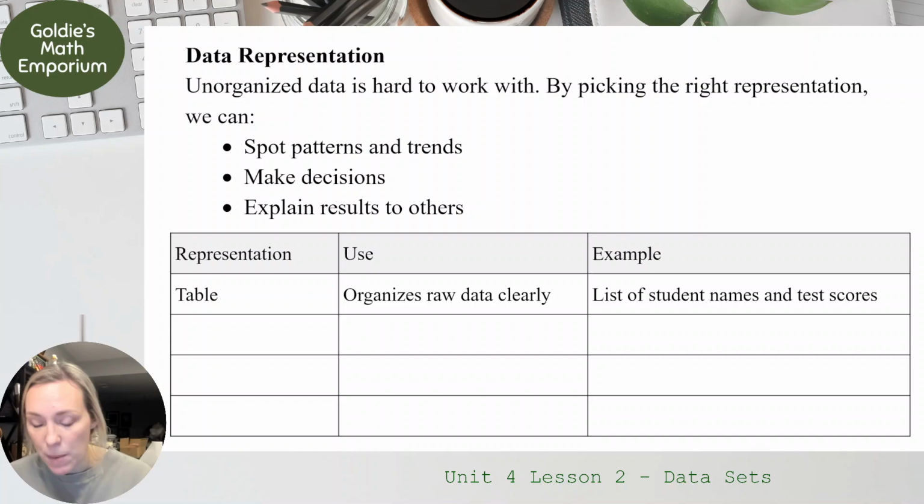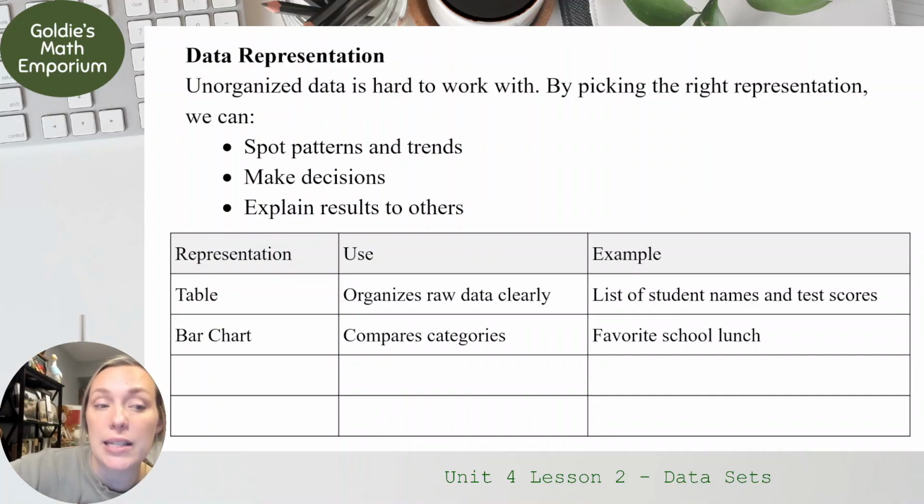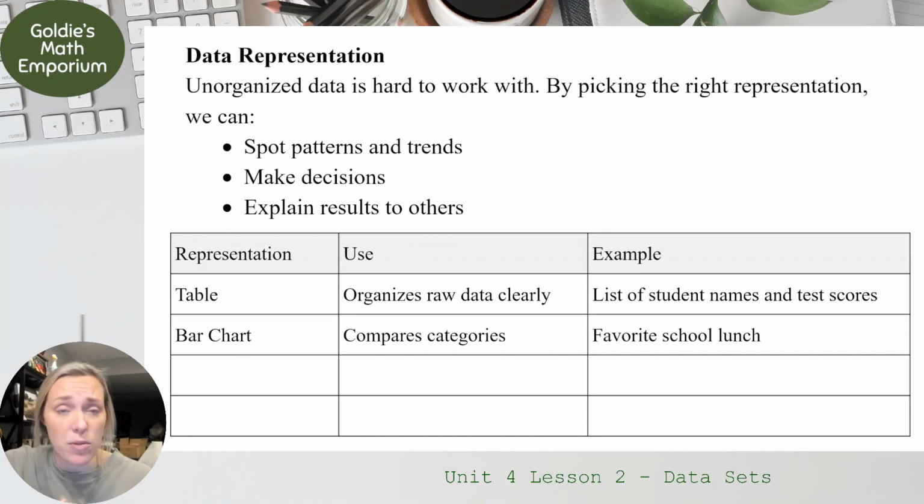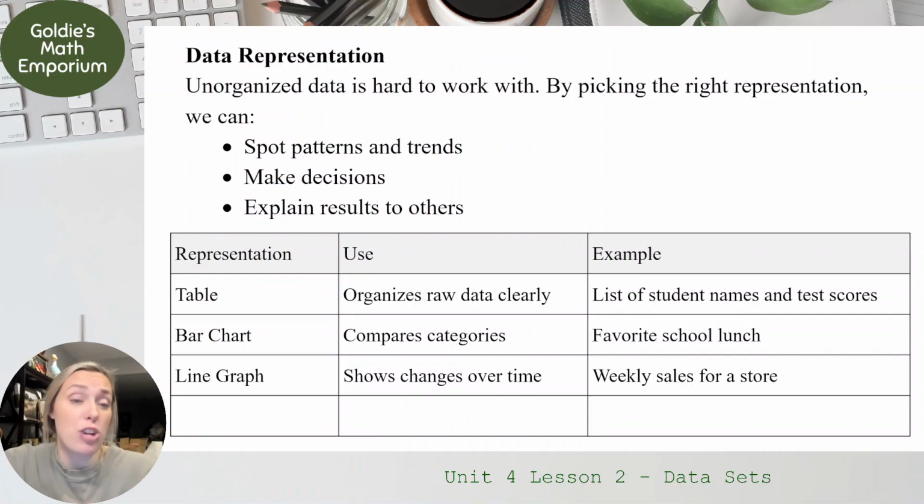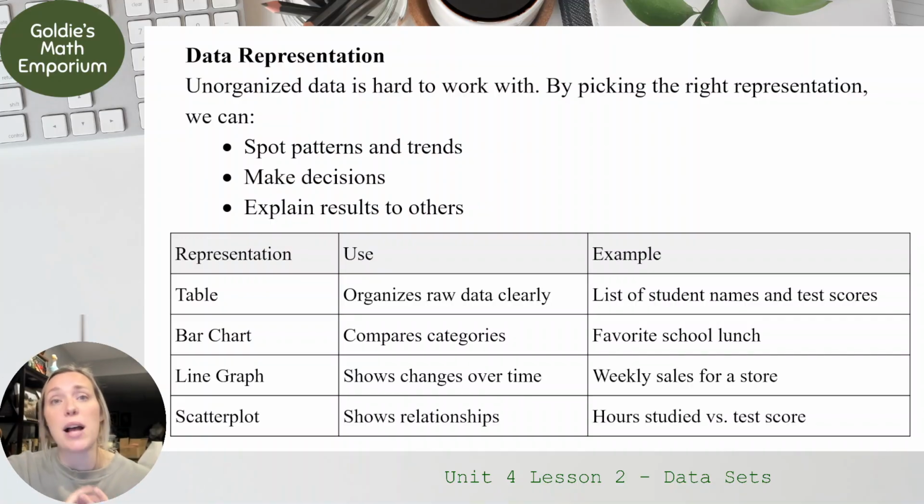So we're going to represent data mostly with tables right now in AP CSA, but there are other representations you're going to see. There are, of course, bar charts that compare categories. There are line graphs, which show changes over time, and then scatter plots, which show relationships. Now, these types of graphs we're not going to make in AP CSA.